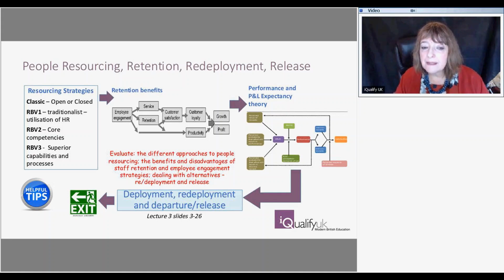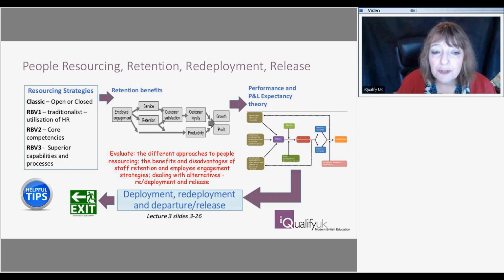And then that leads us to this other thing, which is about deployment of staff to other areas, redeployment and departures and release. All of that information is covered between lecture 3, slides 3 to 26. And then we've thought about the exit strategy as well.